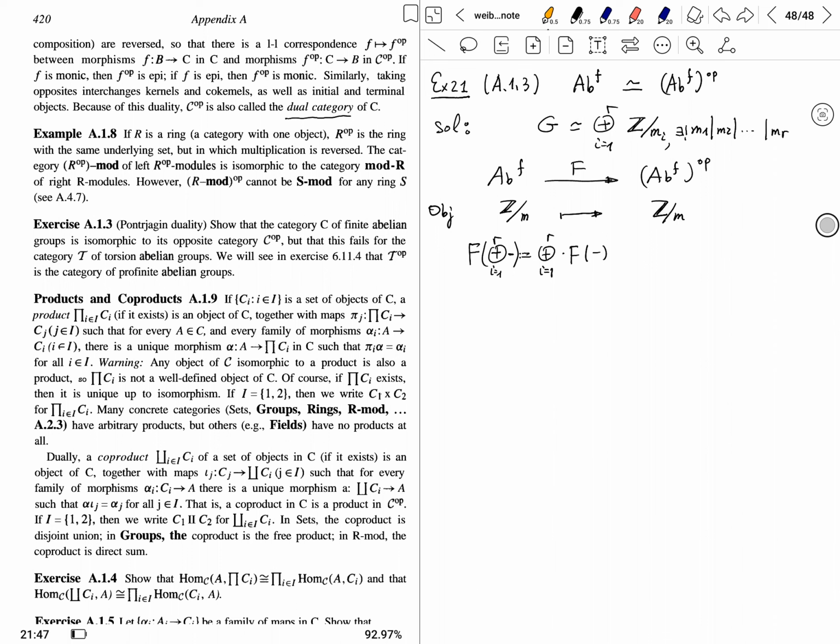For example, suppose we have constructed this functor, and then we could prove it's fully faithful.